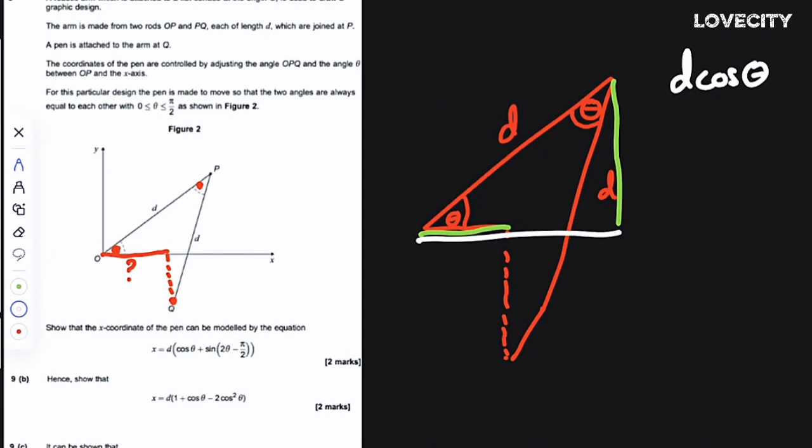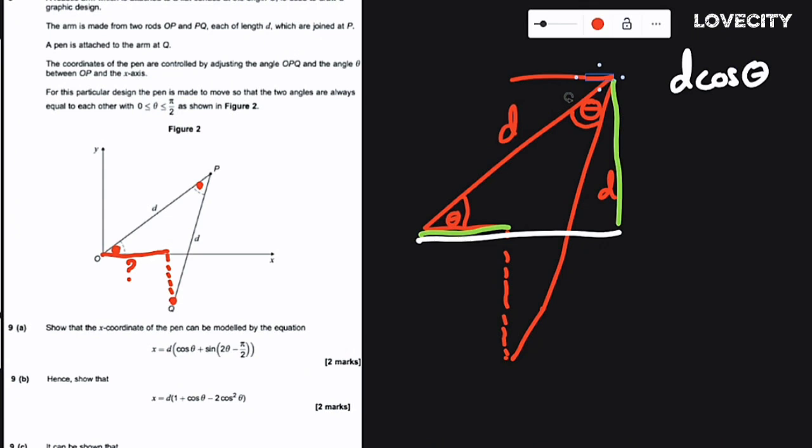Next, we have this. We want to remove this. Is there any right angle triangles that we can form with this length in? Well, actually there is. We can move it up like so. And then pulling down like this, we get ourselves a right angle triangle.